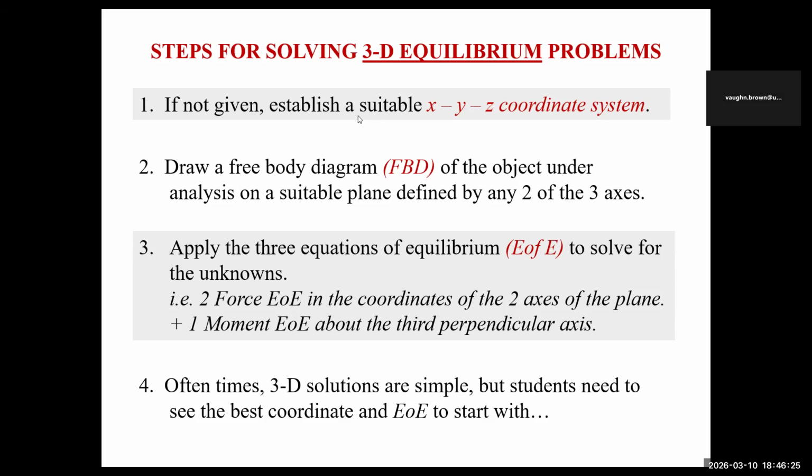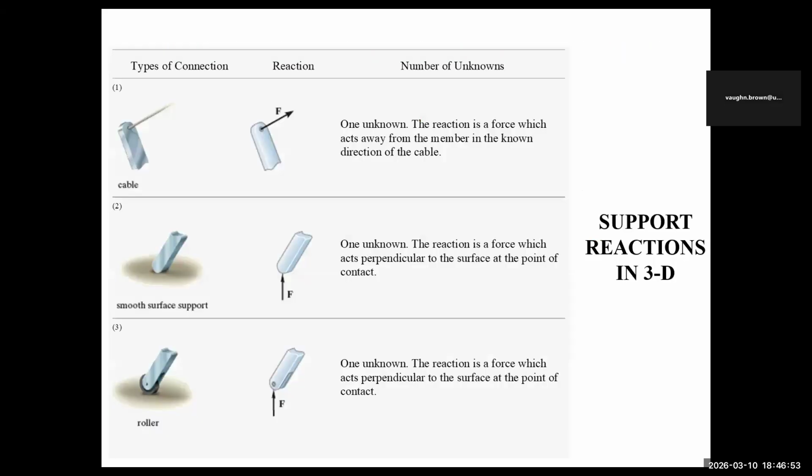You remember when I told you that whenever you have the force arm and the force in one plane, the moment is in the plane perpendicular to it. That's what number 3 is explaining. Number 4 is saying oftentimes 3D solutions are simple, but students need to see the best coordinate, and then you apply the equilibrium equation to start. So remember, those are very instructive comments.